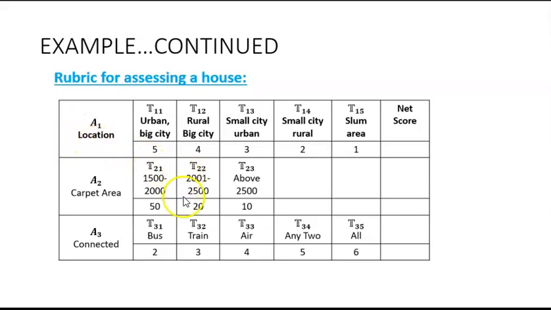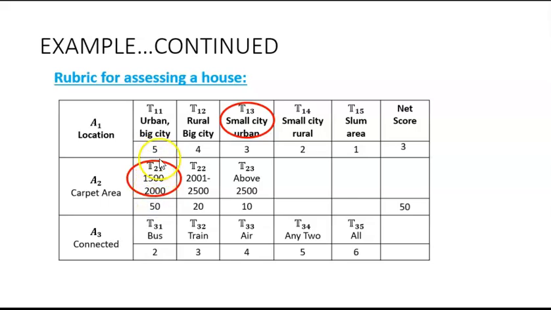For example, let us say that you looked at a candidate house and that house happens to fall in small city urban. So its net score is 3. And similarly for attribute 2 for the same house, let us say its area is 1800.